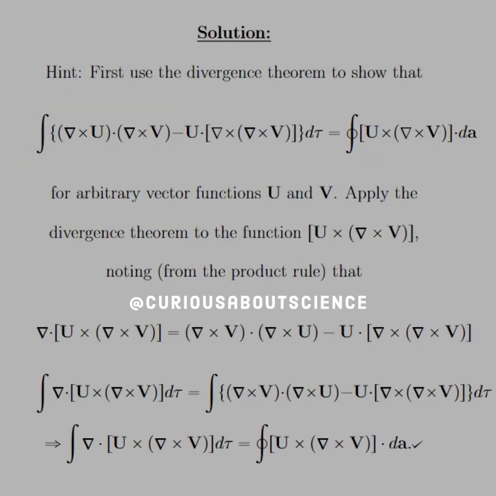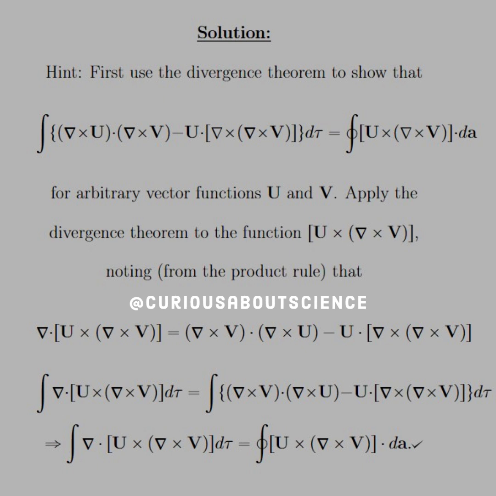So we were given a hint in the problem, and it says first use the divergence theorem to show that this expression holds for some arbitrary functions u and v. So let's apply the divergence theorem to the function u cross the curl of v, noting the product rule.